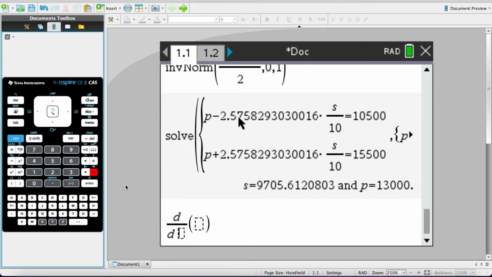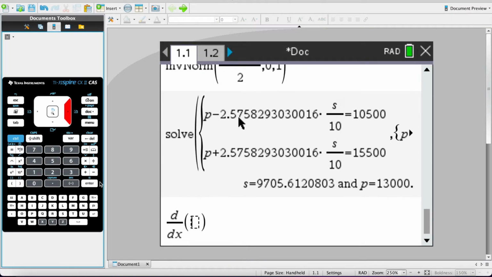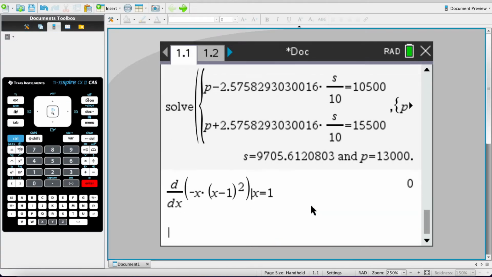So shift minus d/dx, and then you've got negative x times x minus 1 squared, and that's at x is equal to 1, is equal to 0, and then d over dx of e to the power of x minus 1 minus x at x is equal to 1. I'm just going to say is equal to 0. Well, it has to be. So, therefore, they join smoothly.